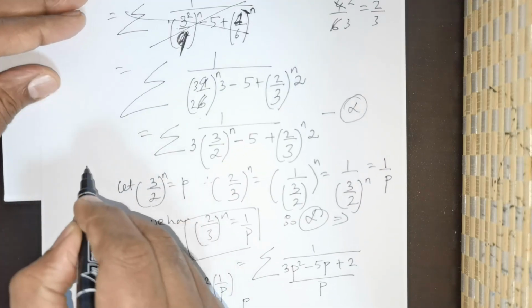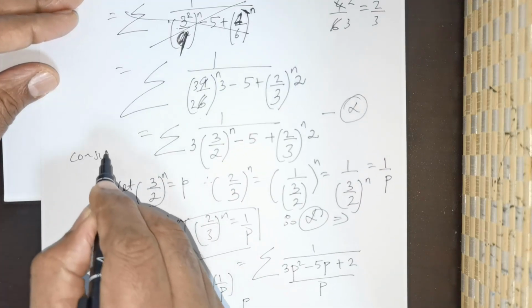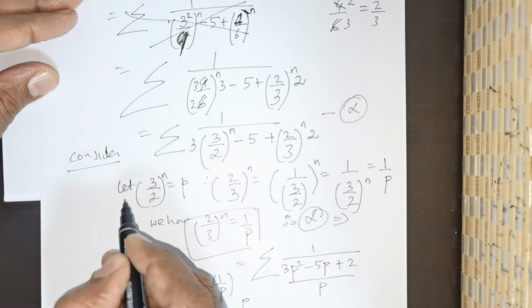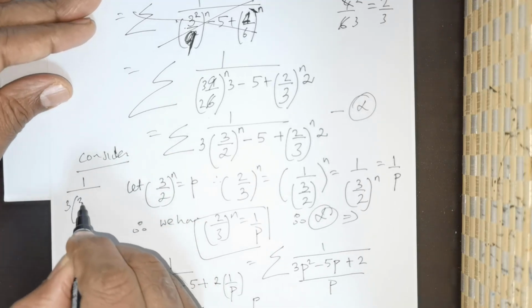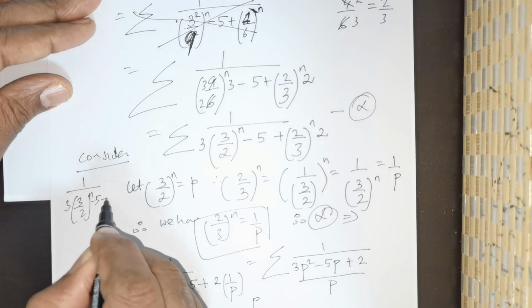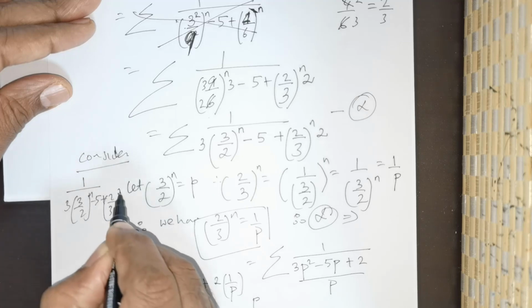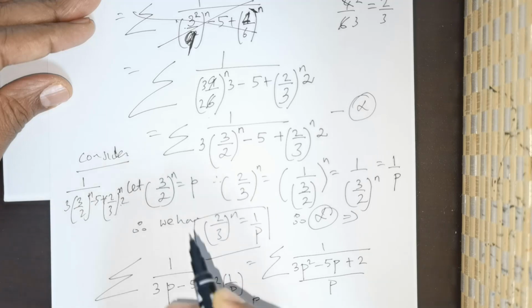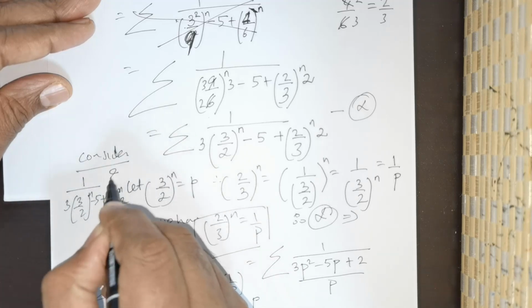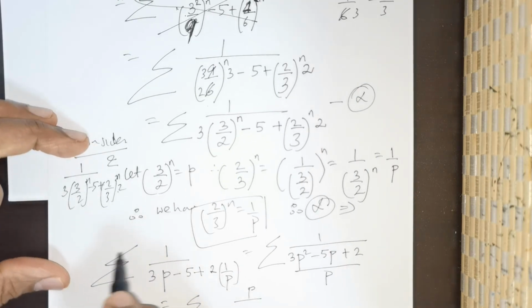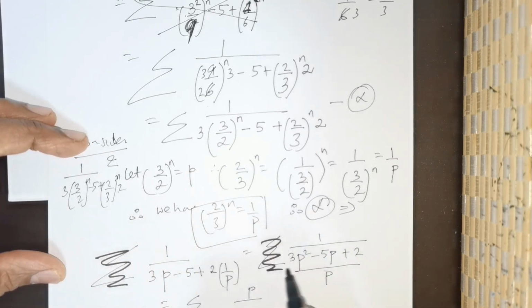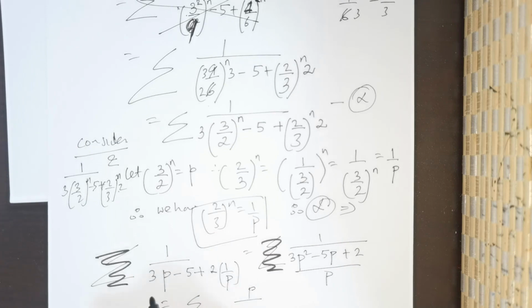So what I will just do over here is first evaluate this term. Consider 1 over 3 times (3/2)^n negative 5 positive 2 times (2/3)^n times 2. I don't want to place the sigma, because I'm introducing a new variable p.